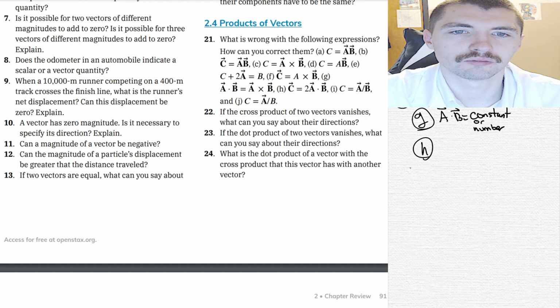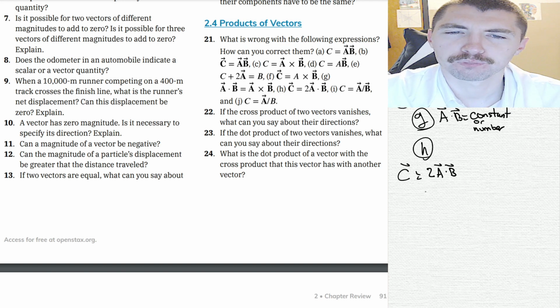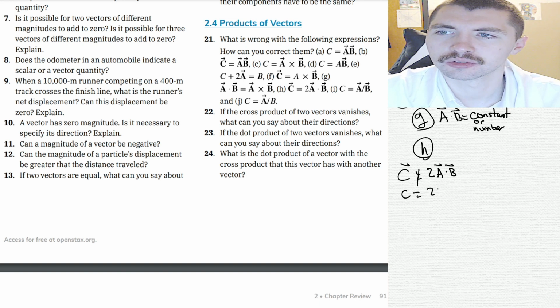H, C equals 2, A dot B. Okay, so what's wrong with this? This should be a number. Maybe you could have C equals 2.